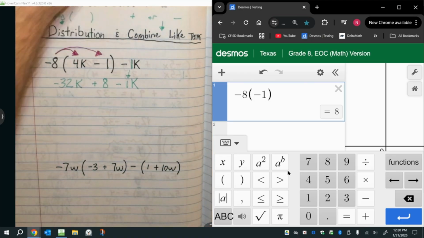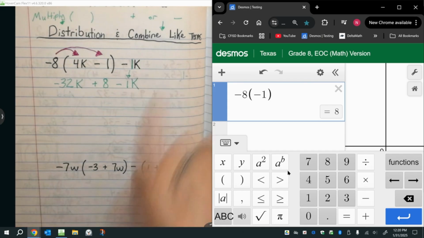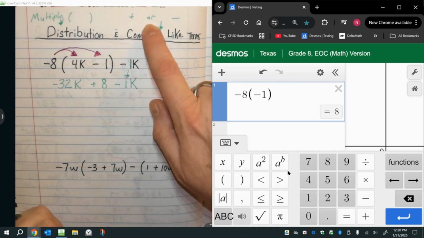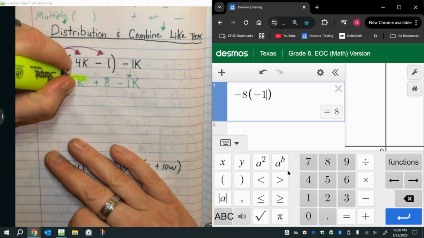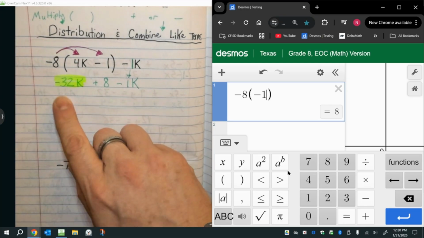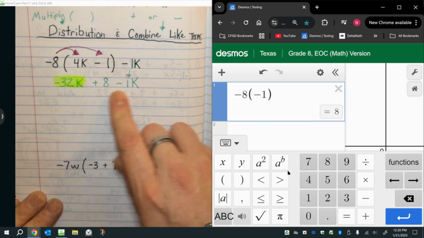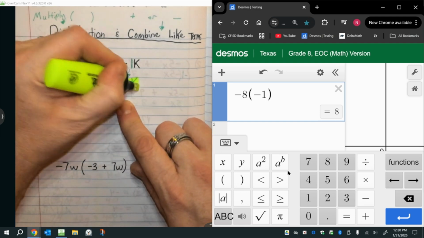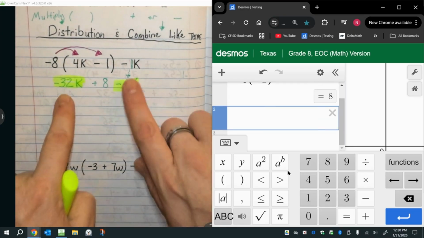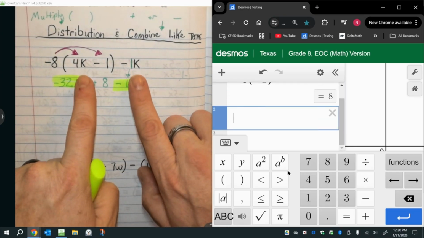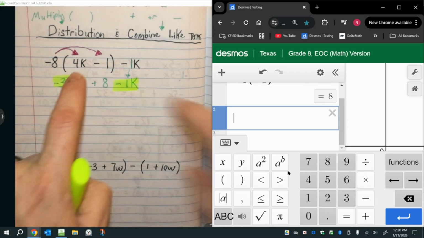So now I'm looking to see, do I have any like terms? Now that the parentheses are gone, do I have any like terms? I'm adding things or subtracting things, whatever's the same. So I look at the first value and I notice, hey, I have a negative 32K. That doesn't have K. However, this has K. So negative 32 minus 1. And you cannot type the K's. So if you ignore the K's and you just say, okay, what is negative 32 minus 1?